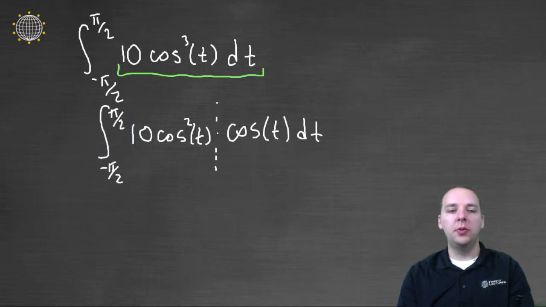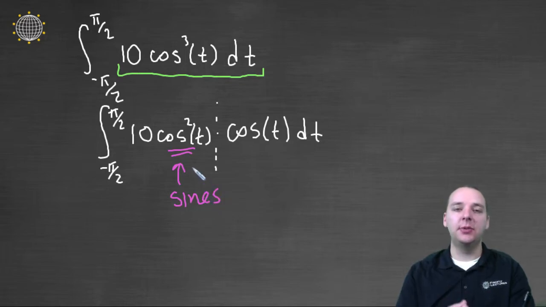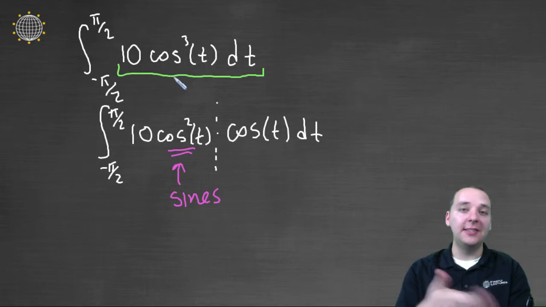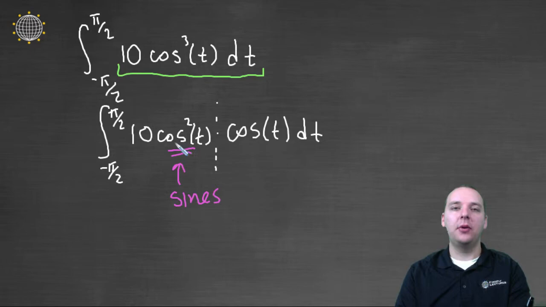What we want to do is convert whatever's remaining into sines. Now, the reason this is possible is because since you took away the odd layer, what's left is even. And if you have an even power of sine or cosine, you can use basic trig identities to convert one of those into the other.